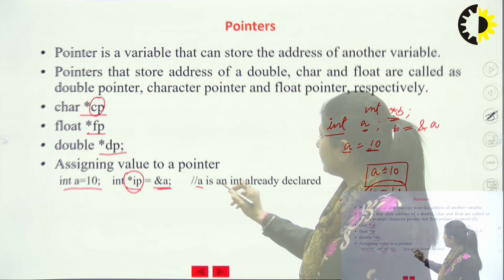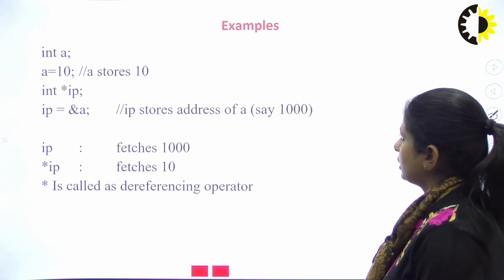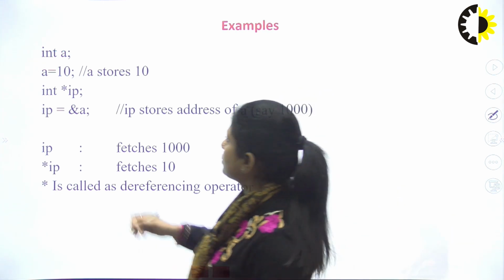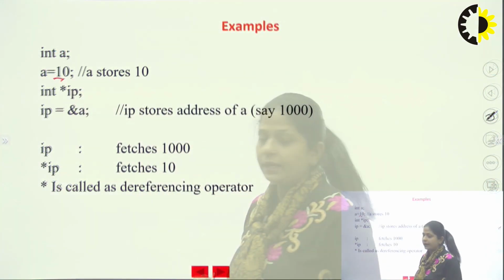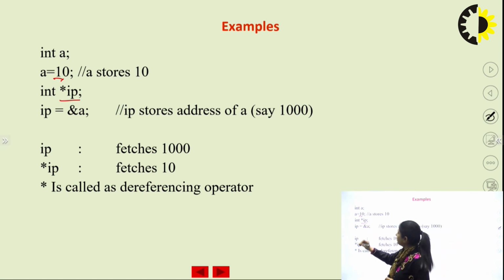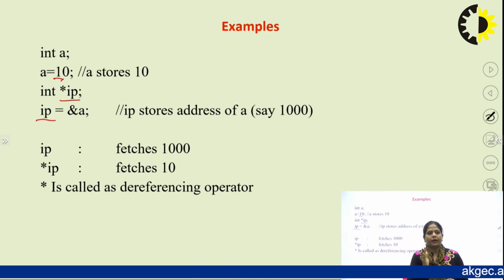So a is of integer type. For example, integer a, we have declared a is equal to 10. We have taken a pointer variable, say ip. So what can we assign now to ip? ip is equal to address of a.